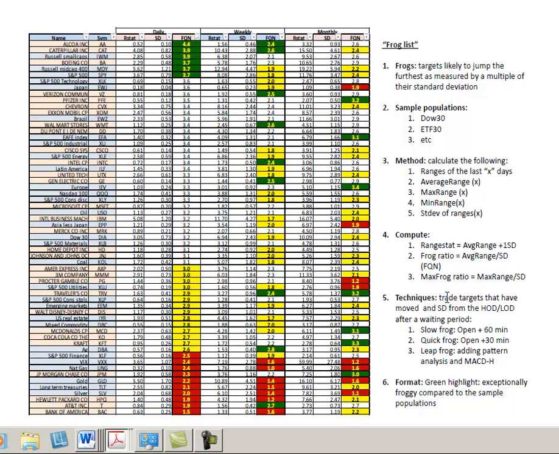Just for your quick reference, the frog list, you can see now that really from the middle of the yellow up, the frog quality numbers are back above 3 and in some cases 4, meaning that there's been consistency in the daily ranges now, enough that the frog strategy is now viable once more.